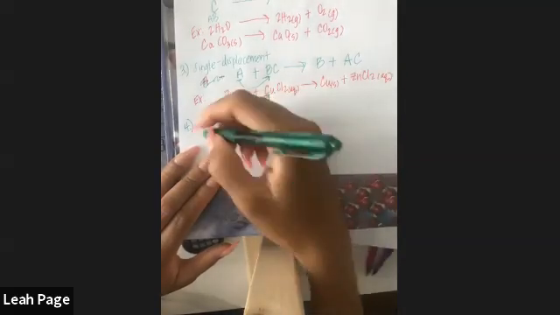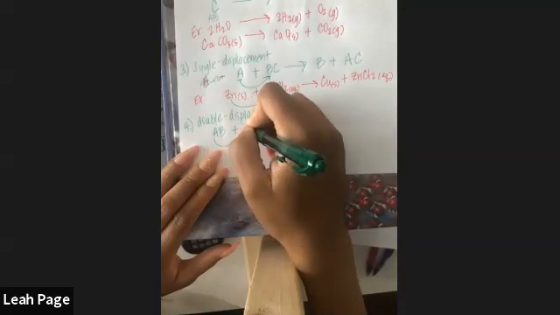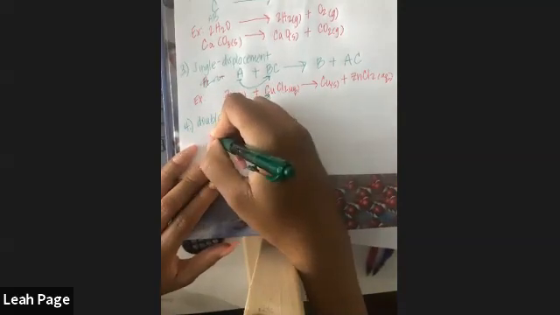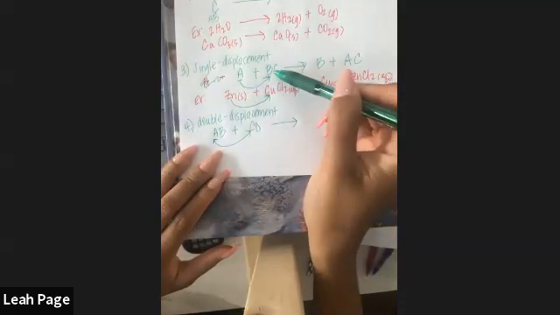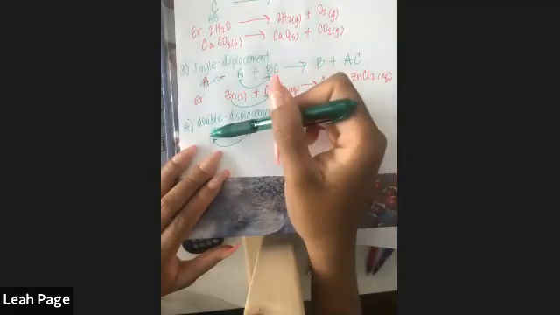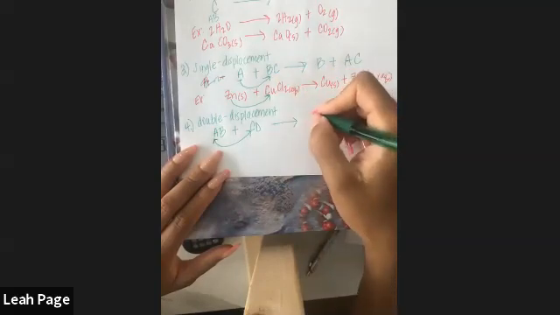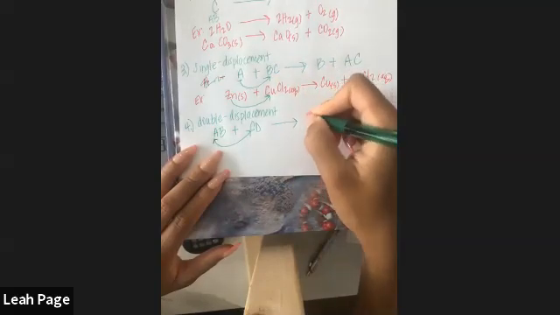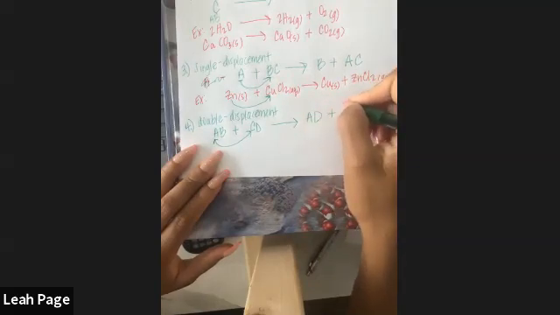And what ends up happening is, once again, my A and C are gonna switch places. In the last one, I had one compound and an element. Now I have two compounds. So now A goes with D, and C now goes with B.